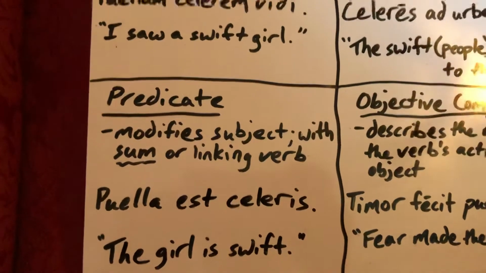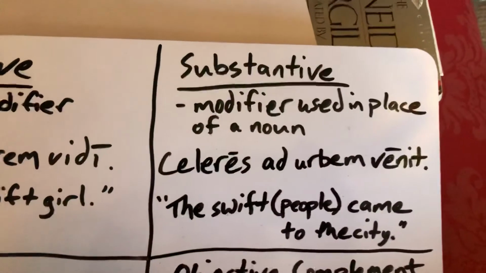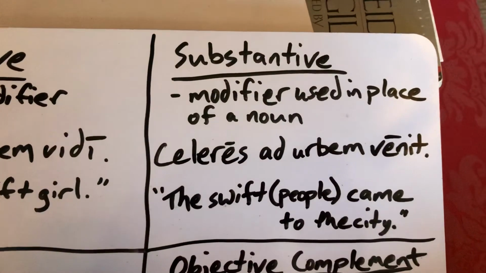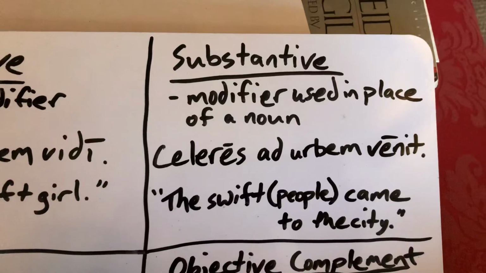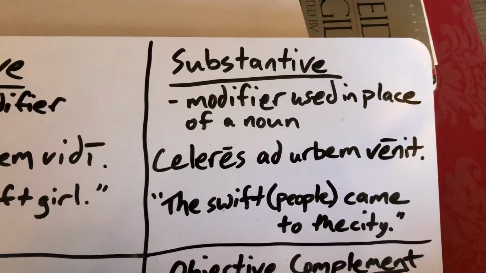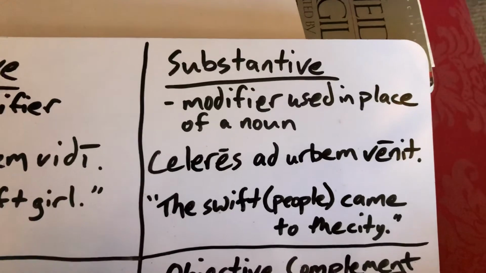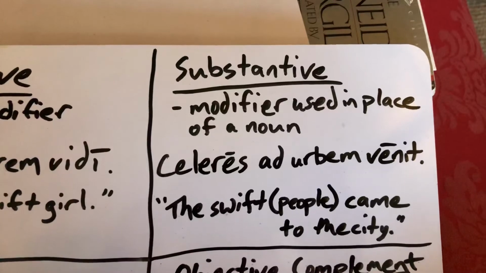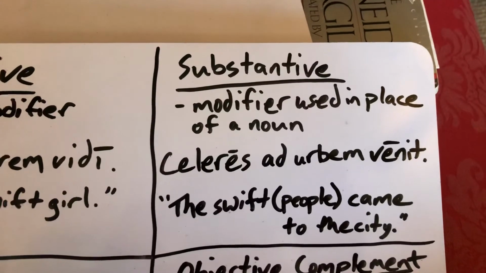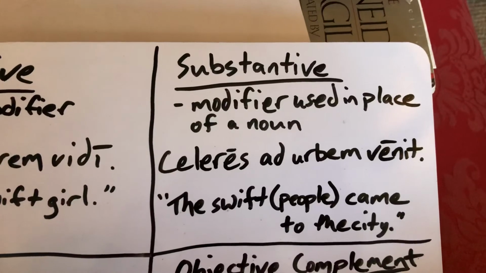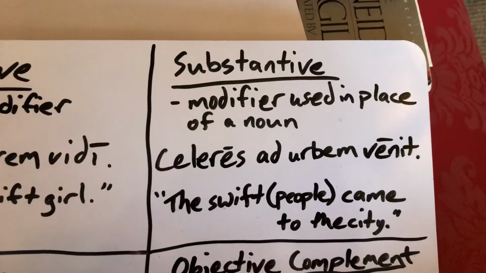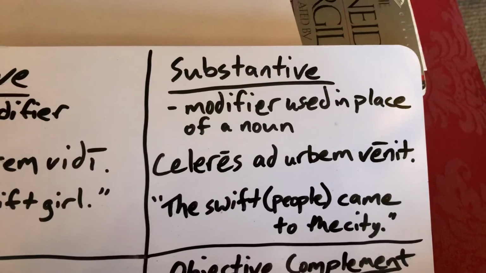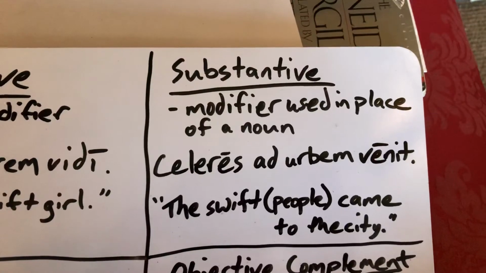The next use we have talked about a little bit, but it's probably been a while. The substantive adjective. This is where you have an adjective that's being used in the place of a noun. So the example here, celeres ad urbem venit, which means the swift came to the city. And what's understood here is the swift people, or the swift men, or the swift women, we don't know. So this is where you have an adjective with no noun that it is modifying.